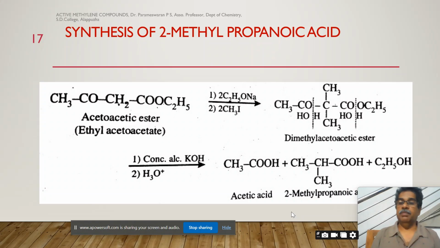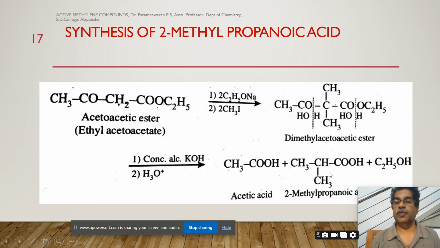As an example, here this acetoacetic ester is treated with 2 moles of sodium ethoxide and 2 moles of methyl iodide. So what will happen? The two hydrogen atoms are replaced by two CH3 groups. When it undergoes acid hydrolysis, what is the middle part? CH3, CH, CH3, COOH.